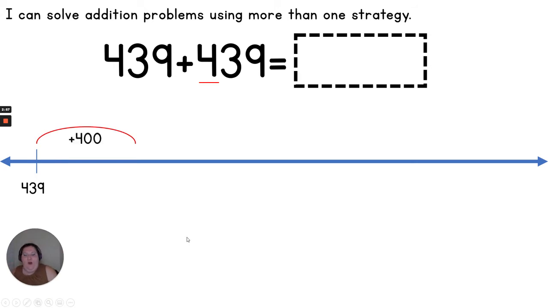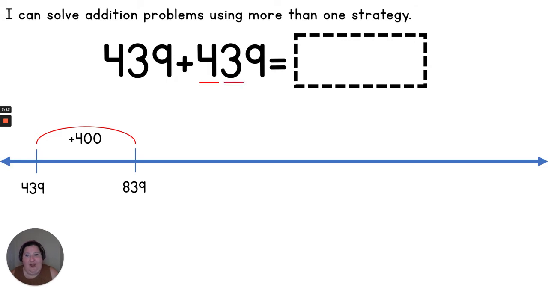When I'm adding 400 more, all I need to know is that it's 800. But don't forget, I have a 3 in the tens place and 9 in the ones place. So it's going to end up being 839. Well, that takes care of our hundreds.